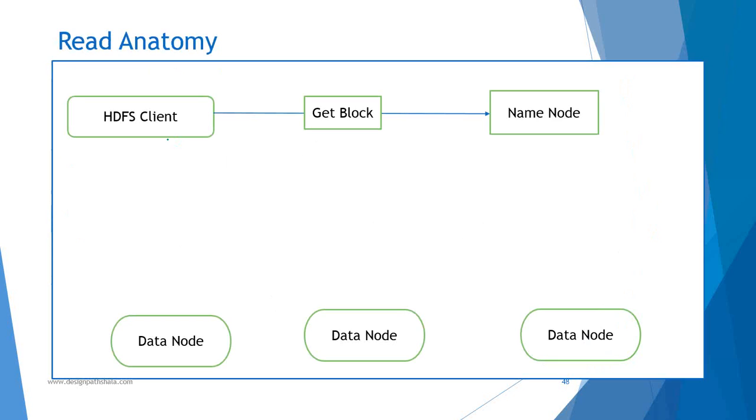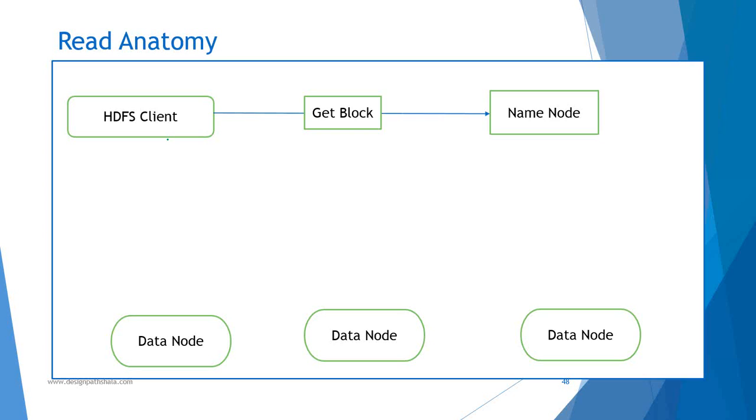So this is how the read happens. When I, as a client, have to read some file, I ask the name node where the blocks are lying. Name node will return the positions where the blocks are lying, a group of nodes which have the blocks, and here again locality is taken into consideration.